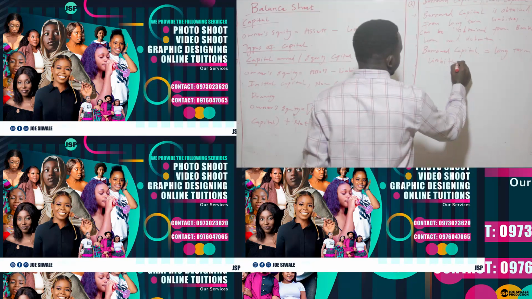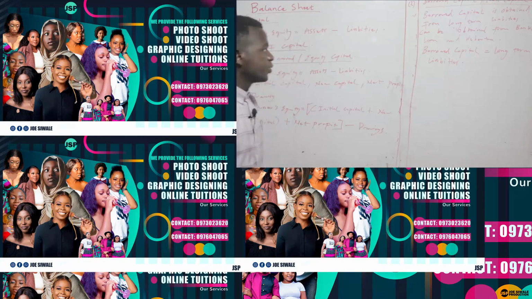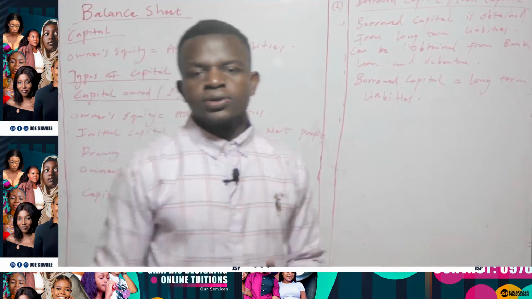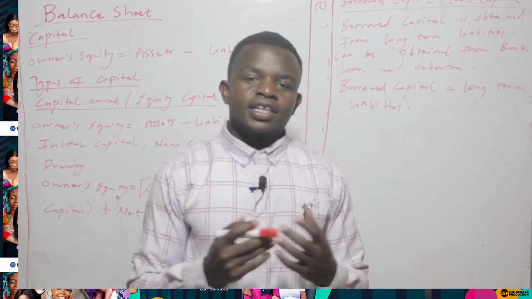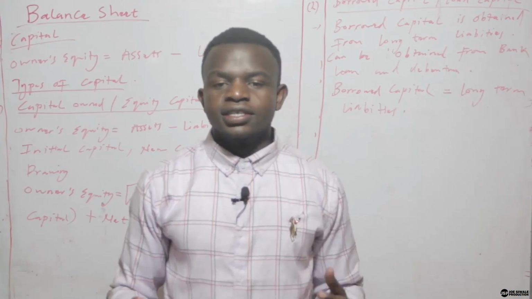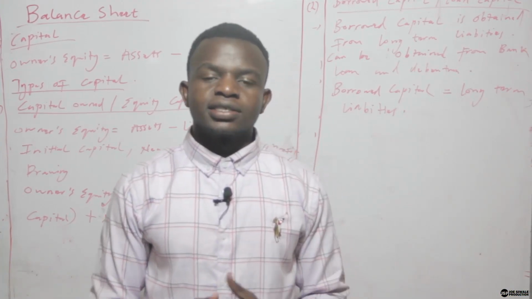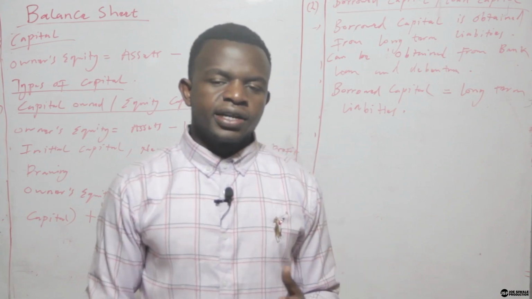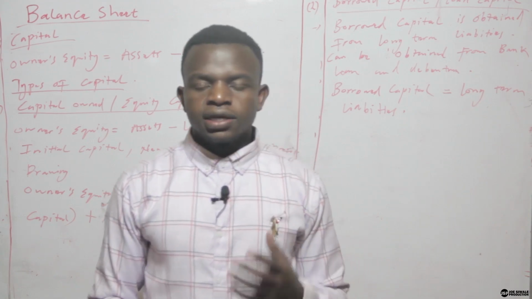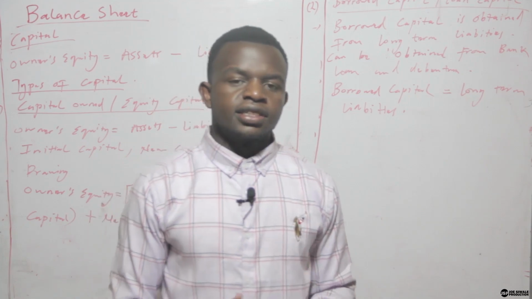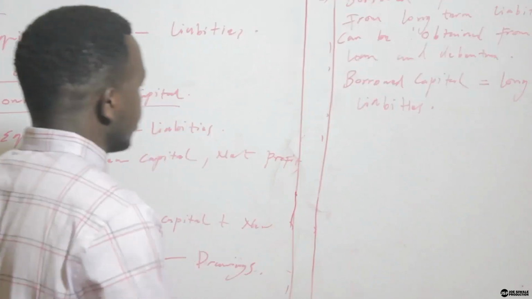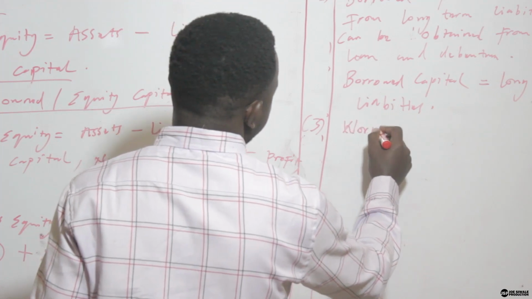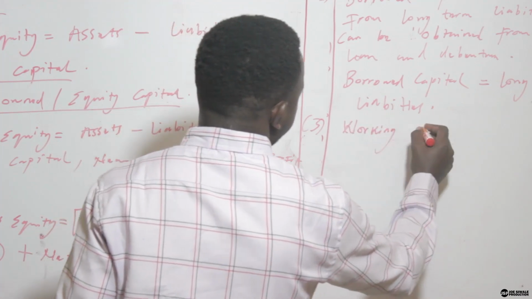Let us look at another form of capital. The other form of capital that we are having is working capital. So working capital are the funds that are needed in the day-to-day operation of the business. And working capital is equal to current assets minus current liabilities. That's the formula. So here we can say we are also having working capital.